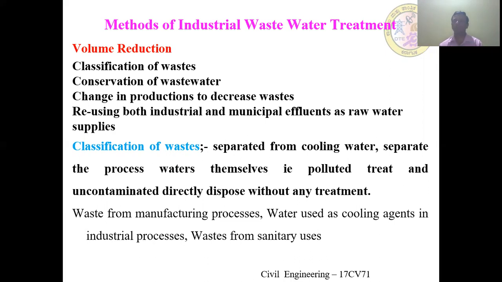The volume reduction method is classified into different types. First one, classification of waste, conservation of wastewater, change in the production to decrease waste, and reusing of both industrial and municipal effluent as a raw water.